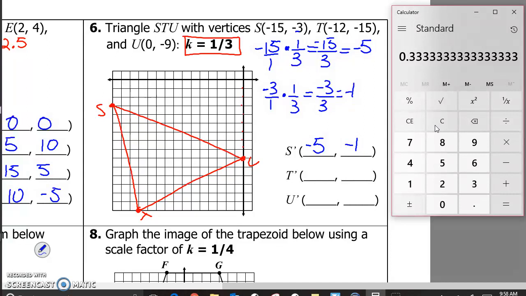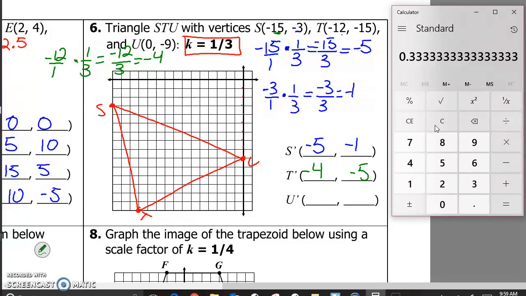Okay, so doing some side work over here for 12, we've got negative 12/1 times 1/3, leaves us with negative 12/3. So negative 12 divided by 3 is negative 4. And then we have a negative 15 again, which we already did for point S, so we already know that's negative 5.